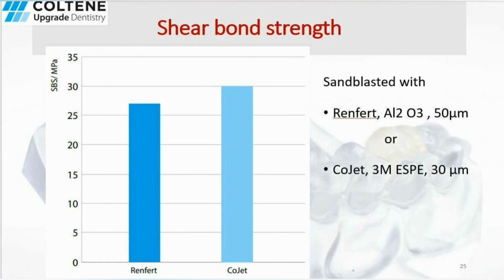When these CAD/CAM restorations were sandblasted with Renfort and CoJet, CoJet showed slightly higher shear bond strength of 30 megapascals when compared to Renfort, which showed about 26 to 27 megapascals of shear bond strength.